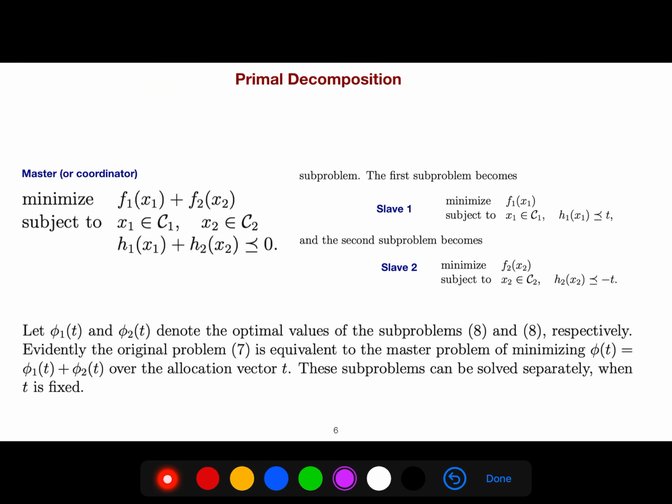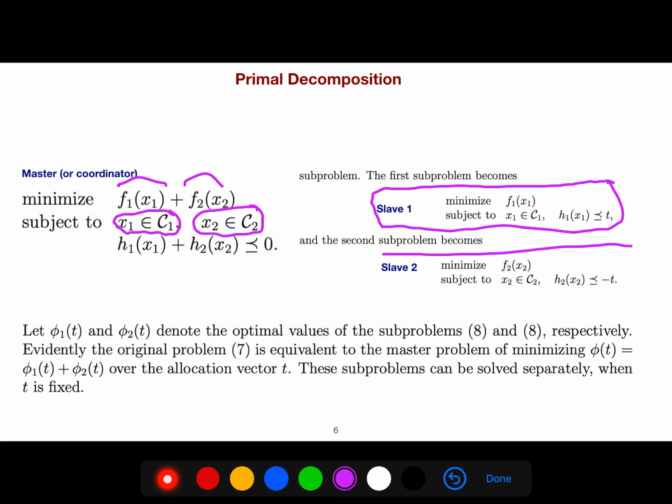And so in primal decomposition, you decompose in the domain, and x1 is in clique 1 and x2 is in clique 2. So we have 2 cliques, for example. We decompose them. And as I said, we name our first subproblem slave 1 and our second problem slave 2.